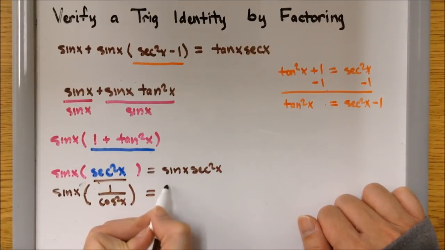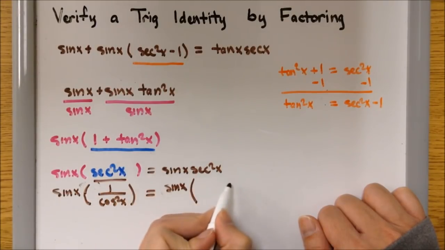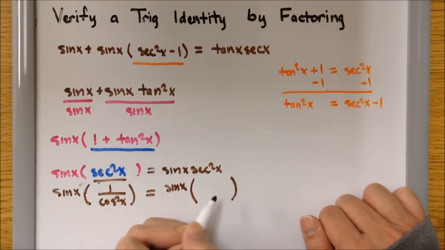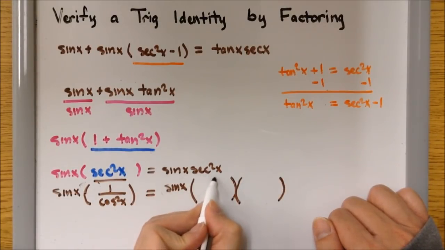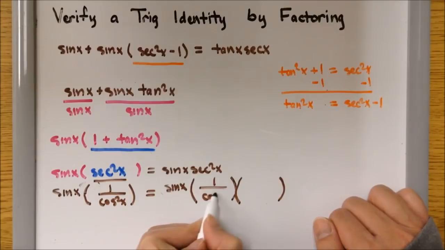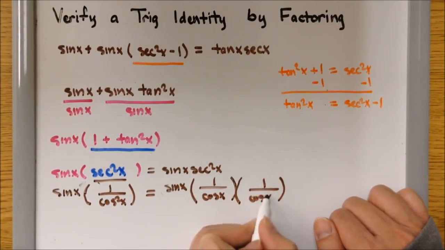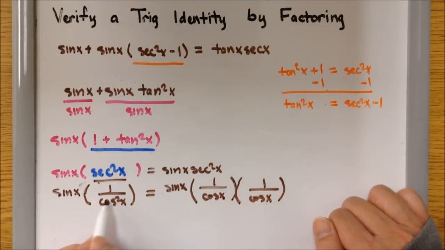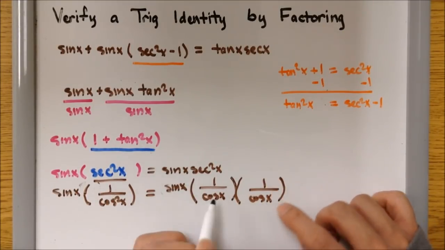So we're still going to have sine of x on the outside, and then we're going to have 2 fractions. 1 over cosine of x, and then 1 over cosine of x. So basically I expand this fraction into 2 fractions. Now the only time I could do that is if the numerator was 1, because 1 times 1 is 1.